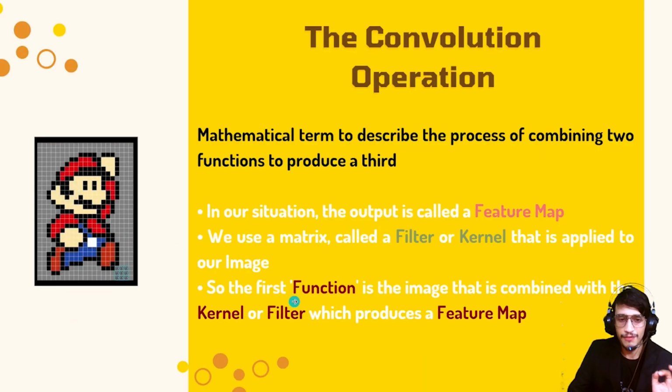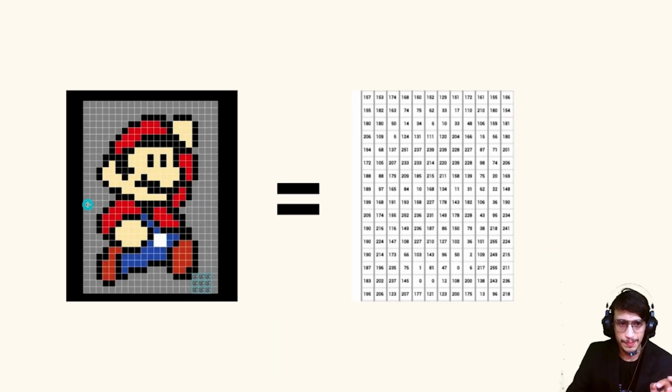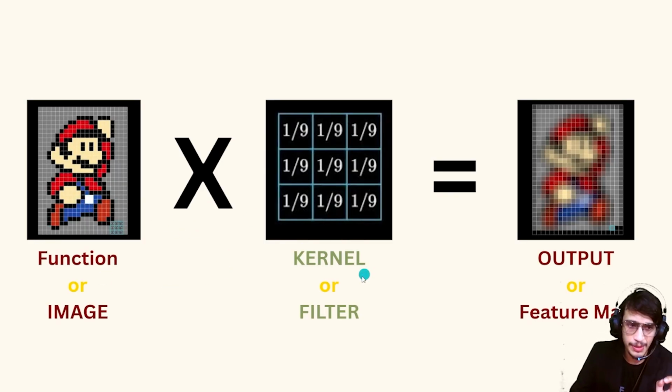So the function is the image we give as input, and the kernel or filter is the thing which we are going to multiply and add, and the output we call the feature map. So how will this kernel work on the function? Before that, we will study how a kernel can work on an image.